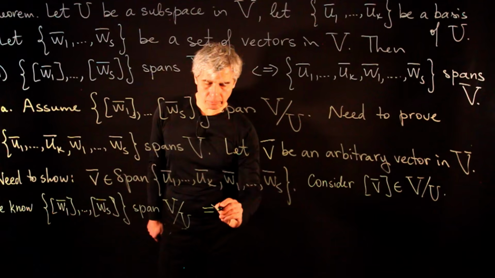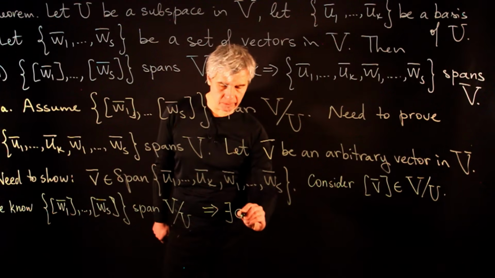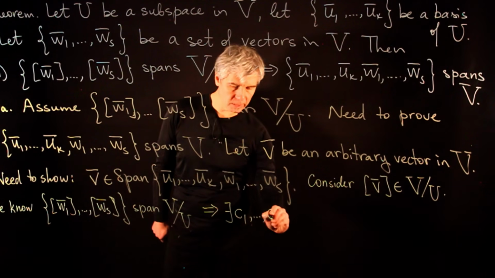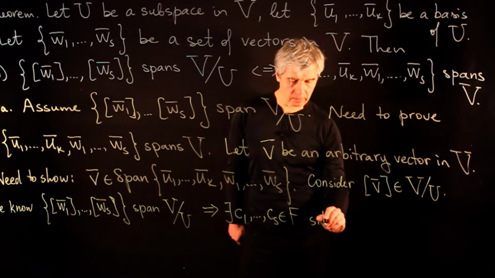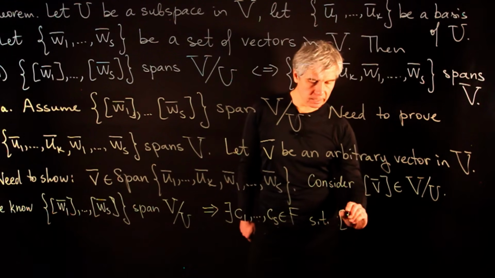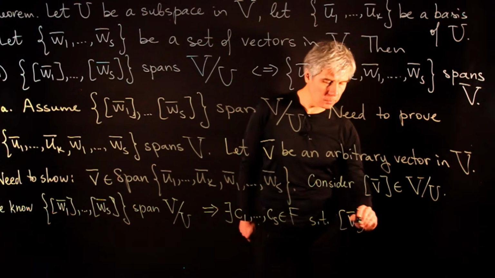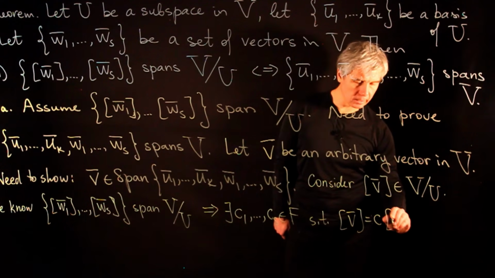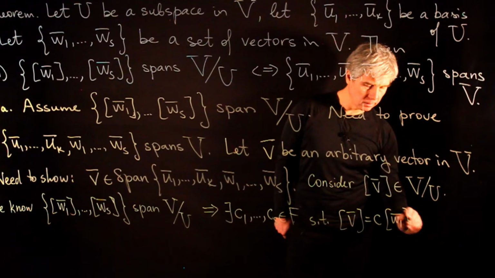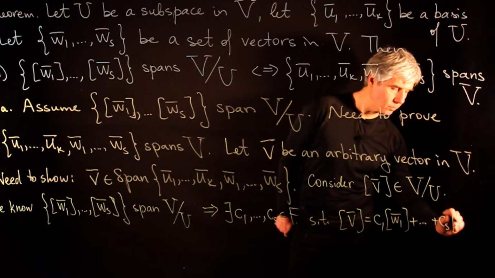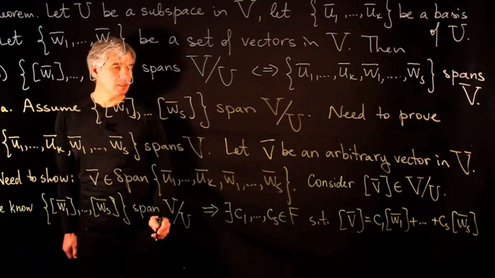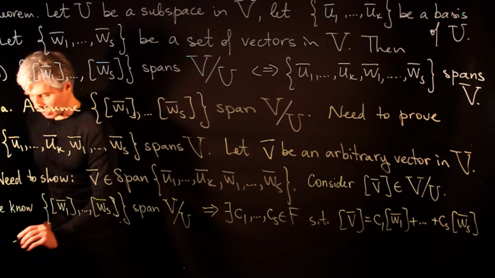From here, it follows that there exist scalars C1 through CS in the field, such that the equivalence class of V is equal to C1 times the class of W1, plus and so on up to CS times the class of WS. Now let us move everything to the left side.